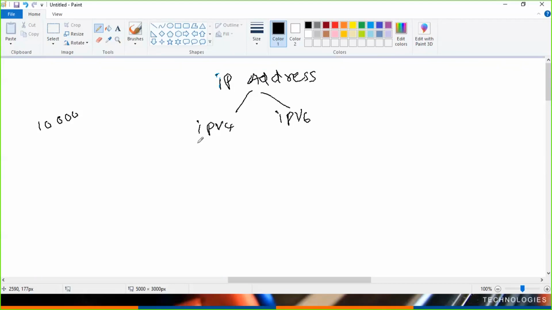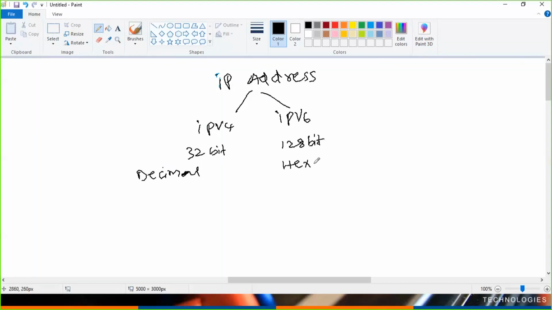IPv4 is a 32-bit address. IPv6 is 128 bits. The IPv4 32-bit address is in decimal format.